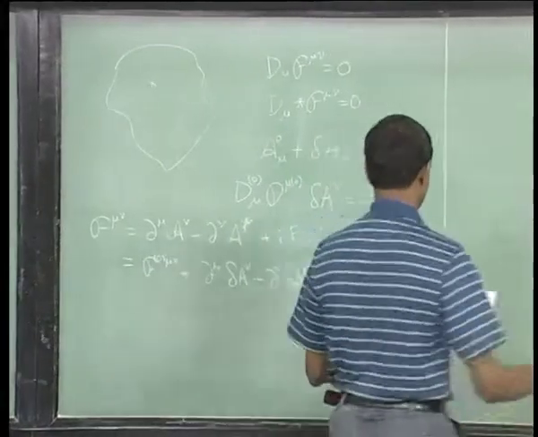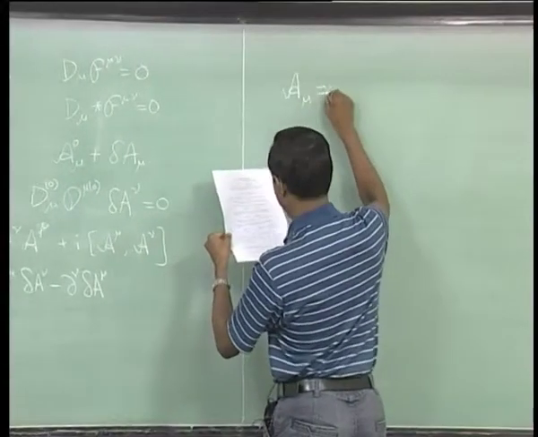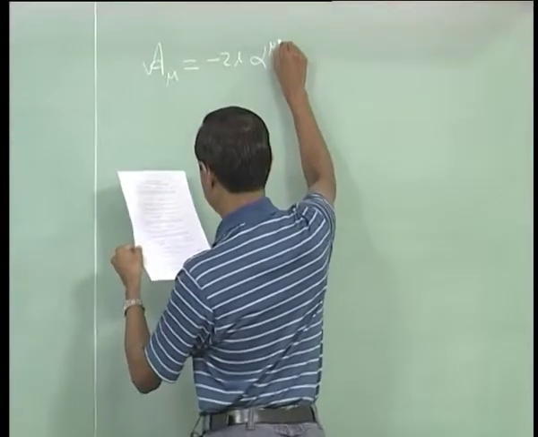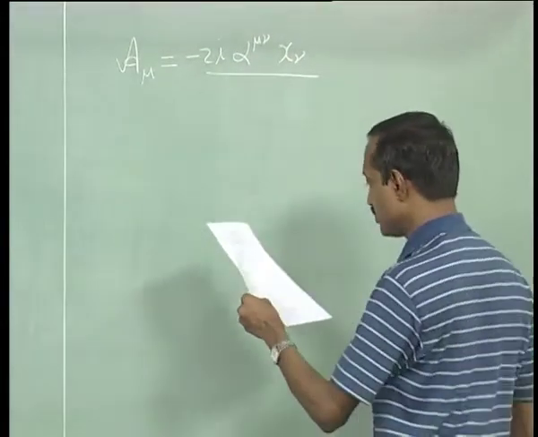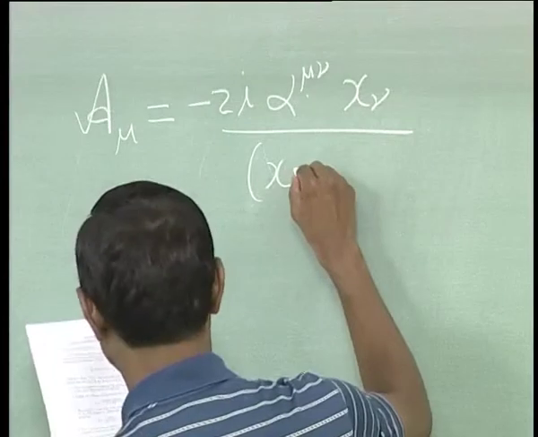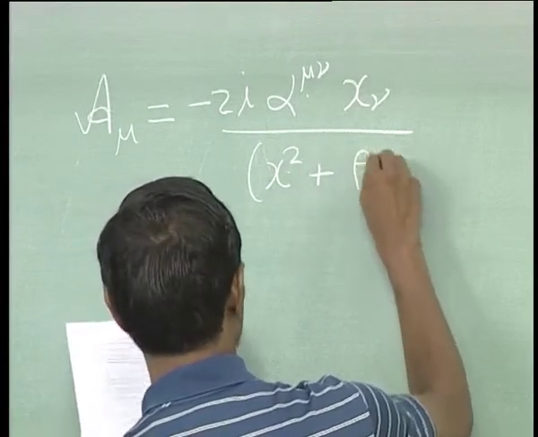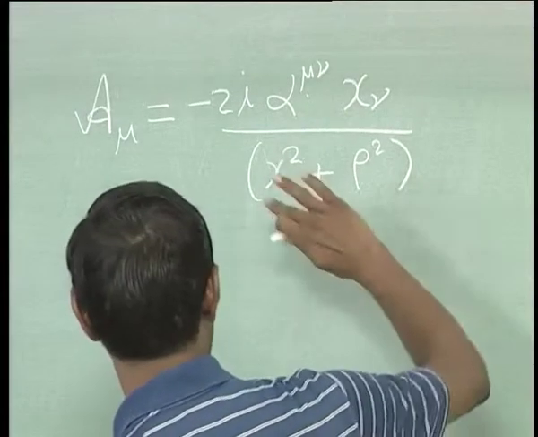So, I will define something called alpha mu nu. Okay, so x square is what I called r square there, maybe I should call it r square.